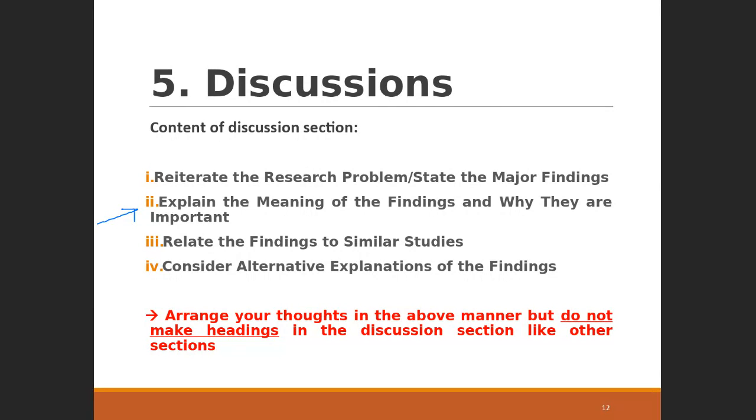And I will also try to relate section number 2 and section number 4 with each other. Section number 2 is where you will try to justify your results and interpret your findings, and section number 4 is considering alternative explanations of your findings.